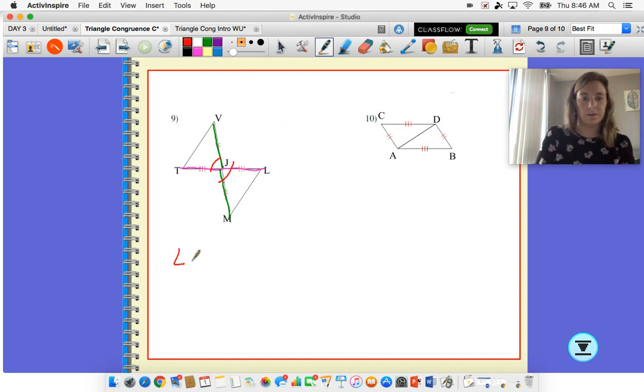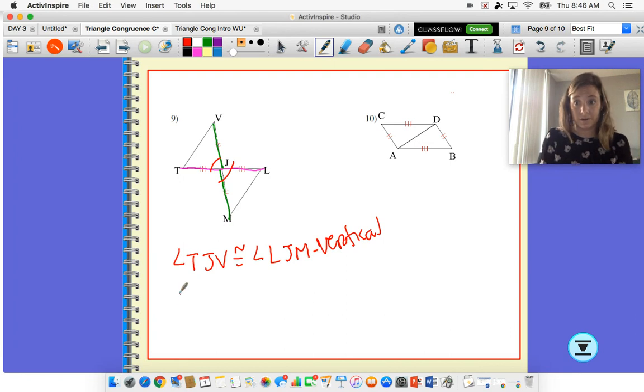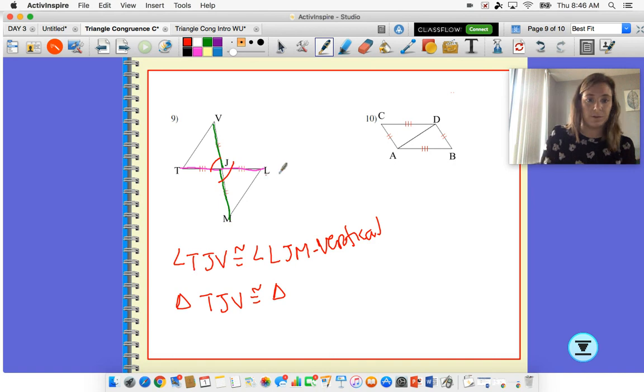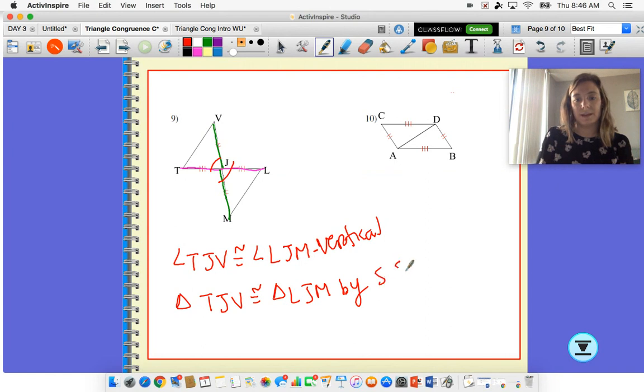I would say angle TJV is congruent to angle LJM because they're vertical. That's not my triangle congruence statement. That's just an angle congruence statement. Therefore, triangle TJV, look, it looks very similar, so be mindful of that, is congruent to triangle LJM, T corresponds with L, J corresponds with J, by two sides and the angle between them, congruence.